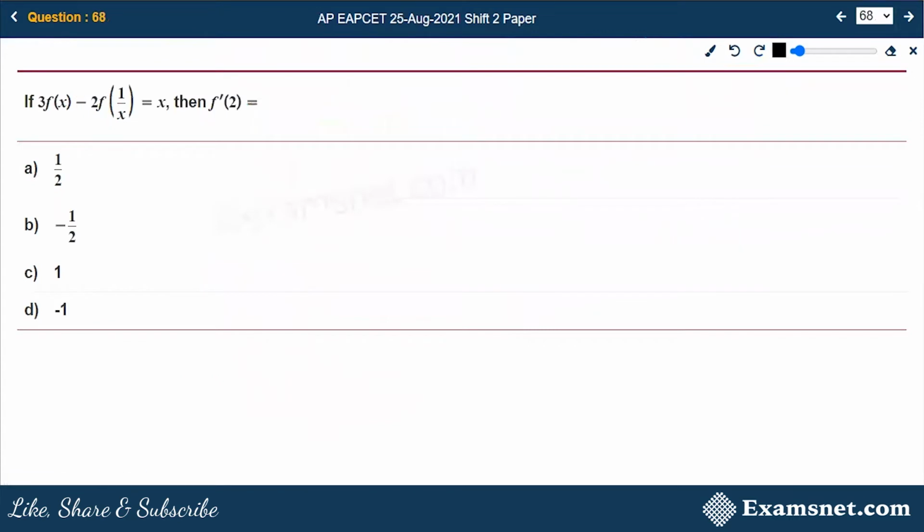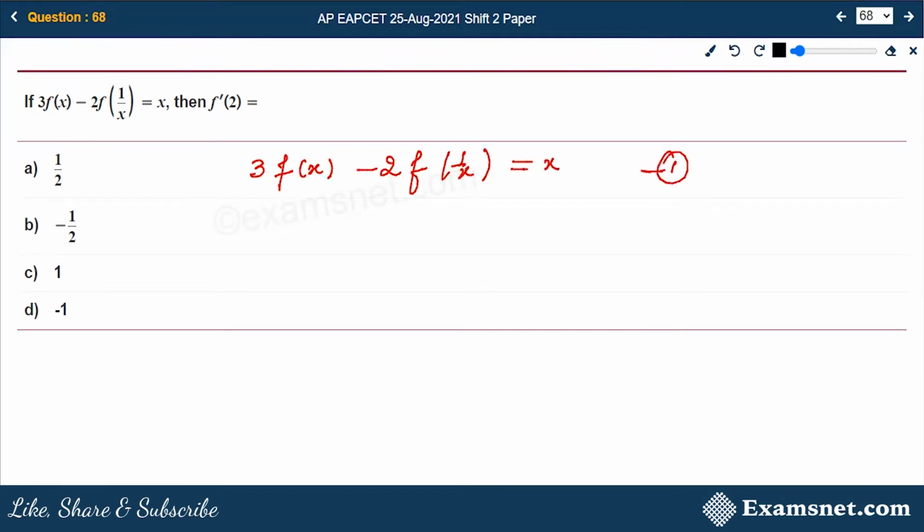Question number 68. If 3f(x) minus 2f(1/x) is equal to x, then you have to find the derivative of this function at x equal to 2. Let's write down: 3f(x) minus 2f(1/x) is equal to x.